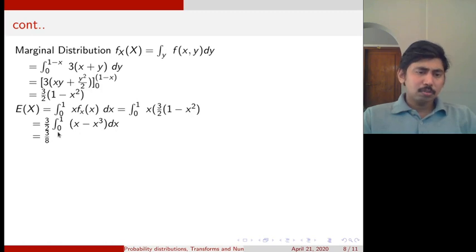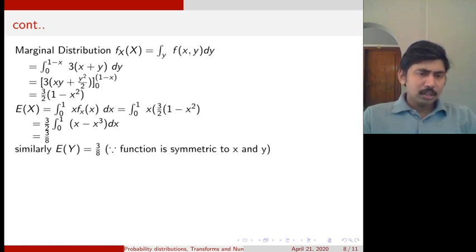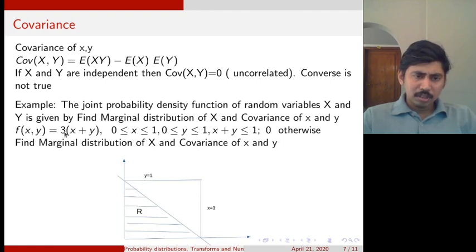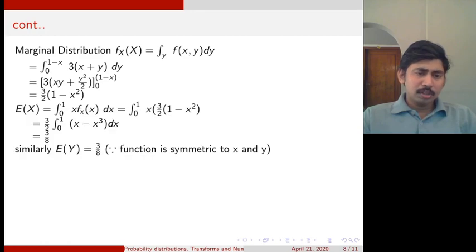If you perform the integration, you will get 3 by 8. Similarly, this function 3 into (x plus y) is symmetric, so whatever calculation we do for x, similar calculation can be done for y. We need not calculate again.